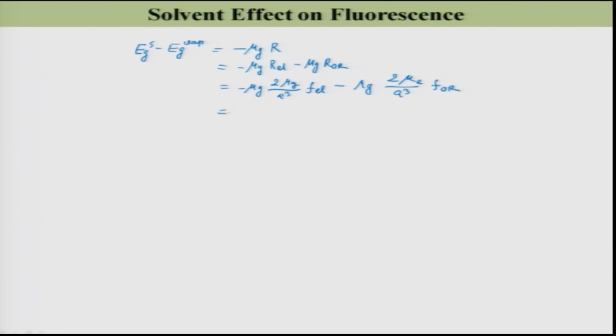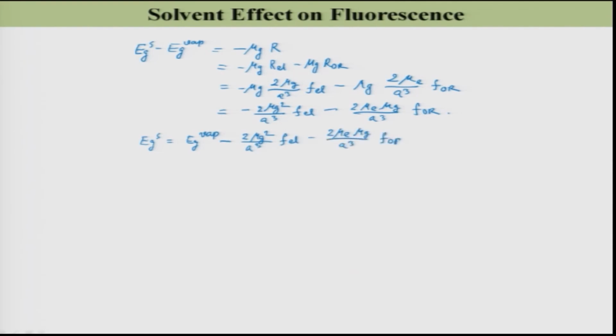So, this is equal to minus twice mu G square by A cube F EL minus twice mu E mu G by A cube F OR. So, I can get this EGS equal to EG vapor minus twice mu G square by A cube F EL minus twice mu E mu G by A cube F OR.